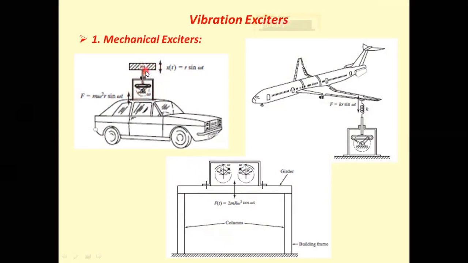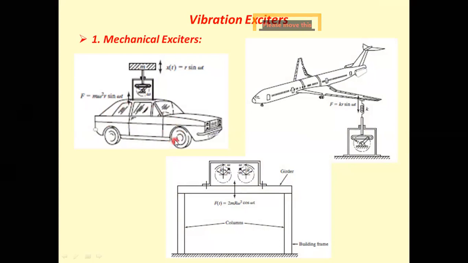This is a mass having displacement at any time t equal to r sine omega t, and the force produced by this exciter is given by F = m omega square r sine omega t.